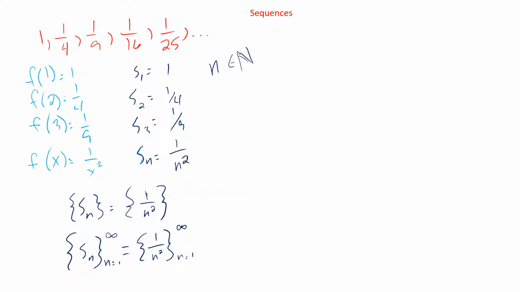So that's some sequence notation. One of the things that we look at with sequences is whether or not it converges. Converging means that it's going to one number. It could be 0, it could be 3, it could be anything. As long as it's going to one number, it converges. If it doesn't go to one number, that means it diverges.